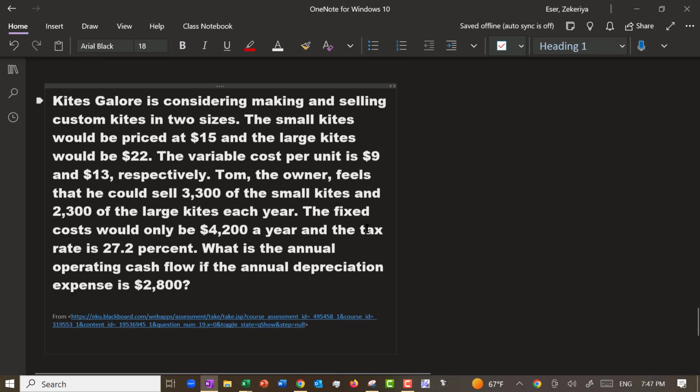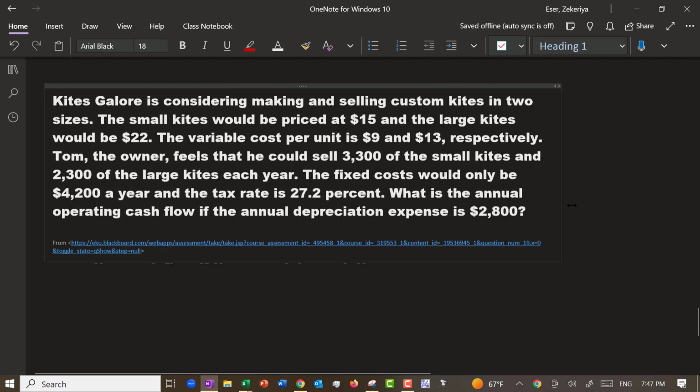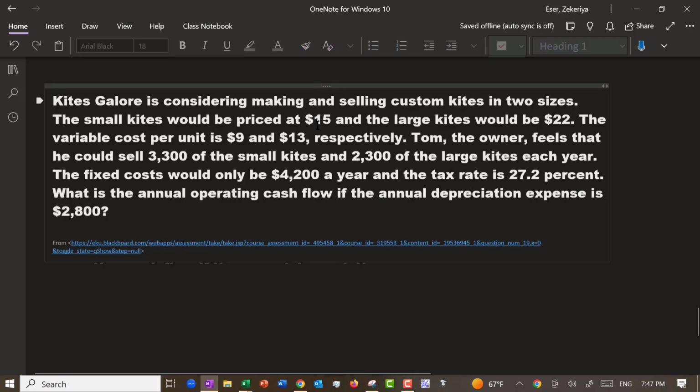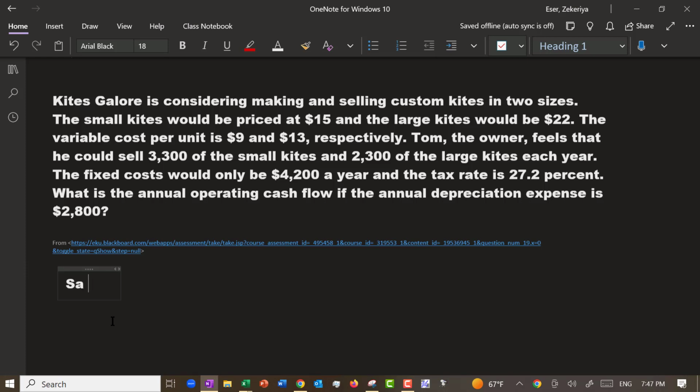Okay, two kinds of products, small and large. So let's calculate sales first. 2,300 of the large at $22 plus 4,200 of the small at $15.